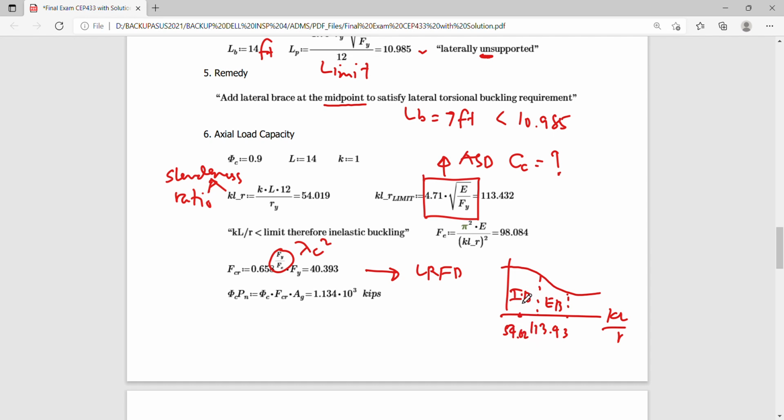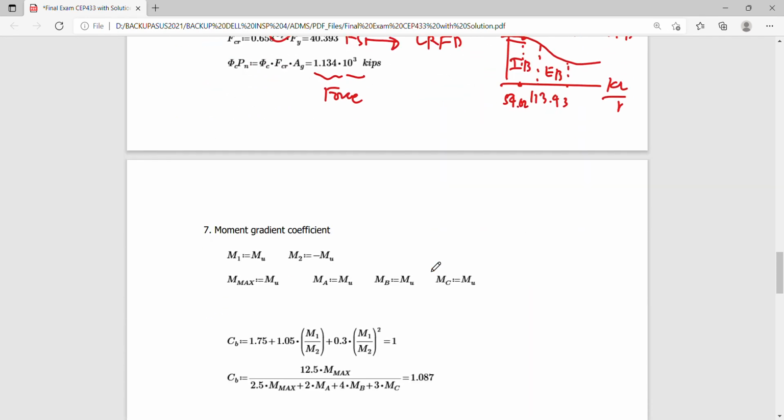So basically your value of Fcr lies on this point, which is equivalent to the formula we have in LRFD. We can also use the formula of ASD, but in this case, try to use the formula of Fcr in LRFD. And upon solving your Fcr, which is in ksi, we simply multiply this by your reduction factor phi c, which is 0.9, and Ag, to come up with a force value equivalent to 1,134 kips.